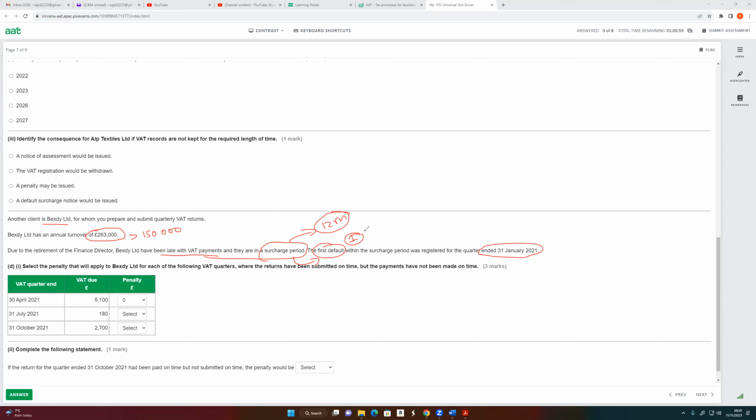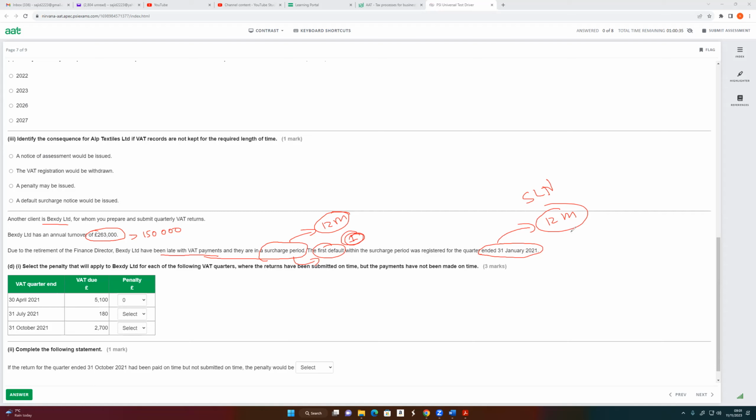So when I start my first default, from that day I'll have another 12 months, because the surcharge period will now be restated. The surcharge liability notice will be reset to another 12 months from the first default date. This is very important to understand.